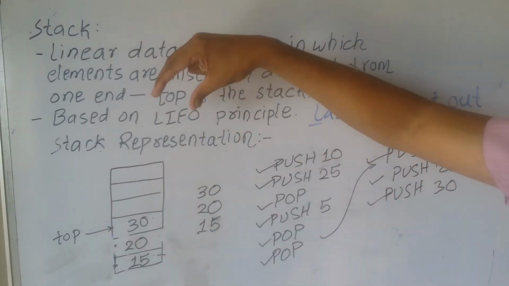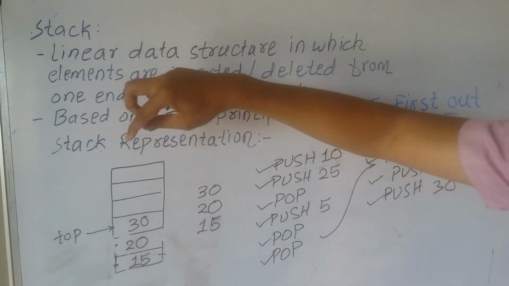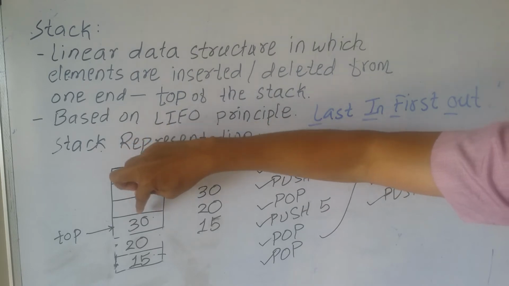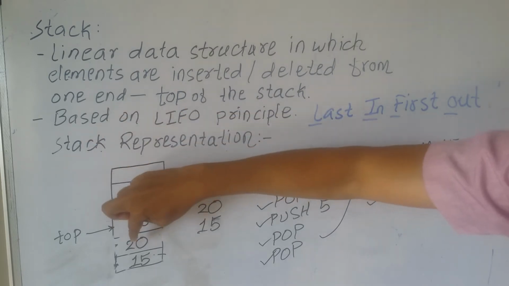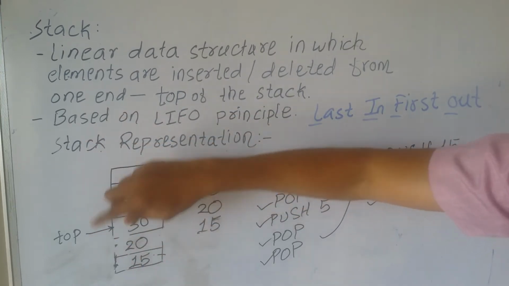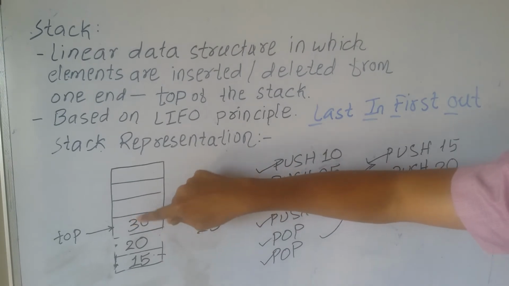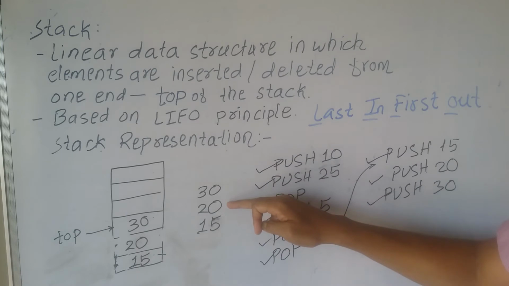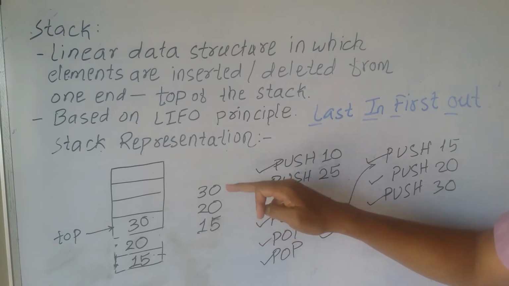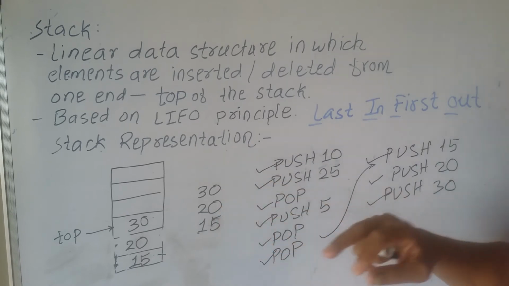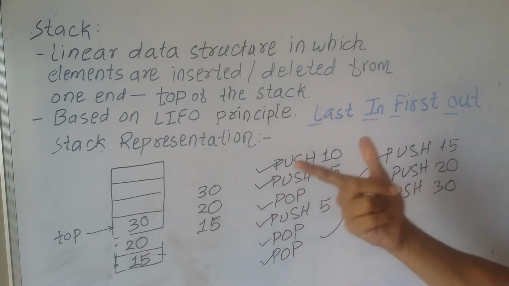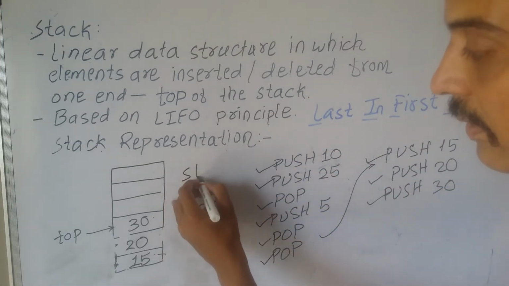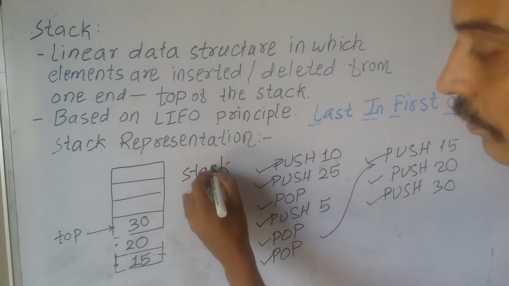When we are observing this stack from the top, the 30 we can observe first, after that 20 is present, and after that 15 is present. So the recently added element is always on the top of the stack, then the next recently added element, and then the first element. So if I am going to display, the stack contents are like this.